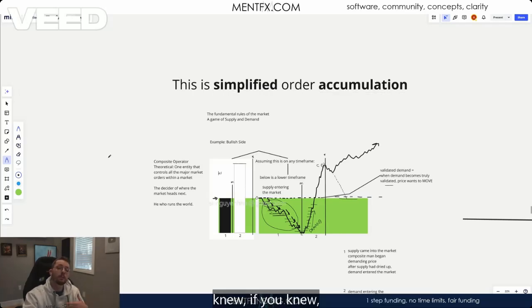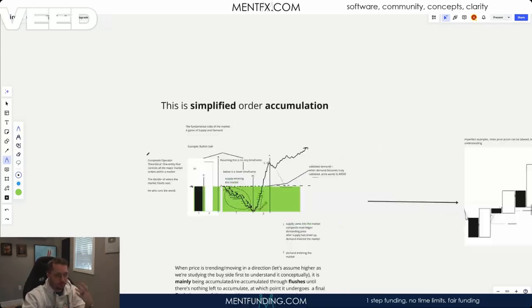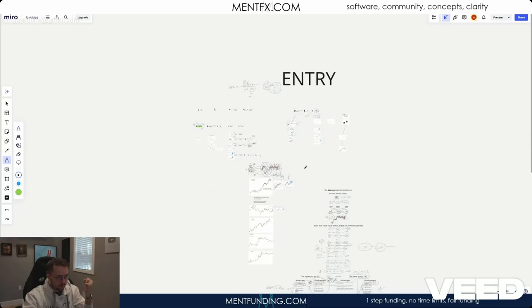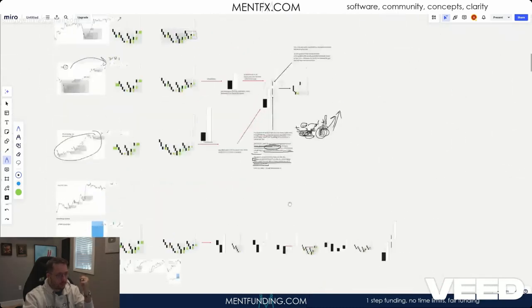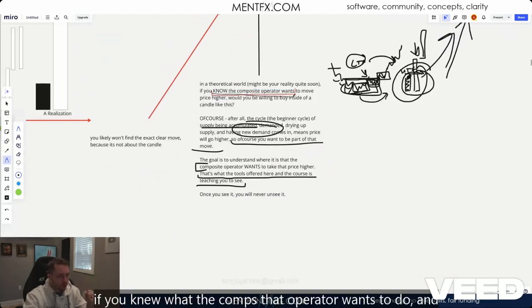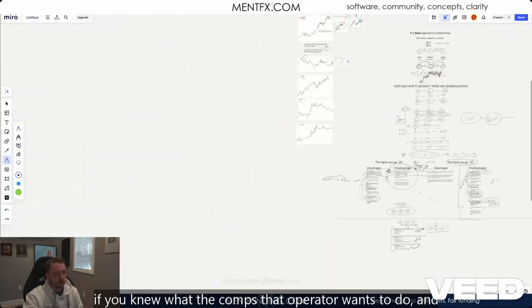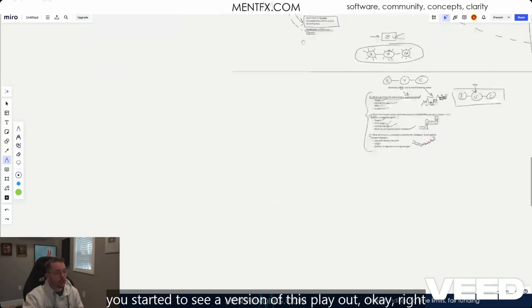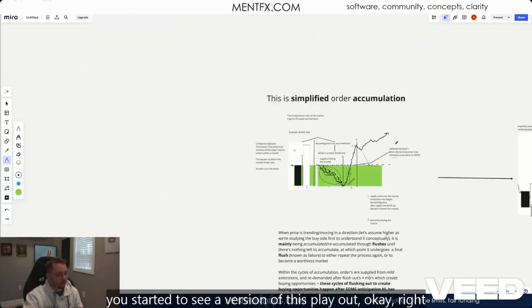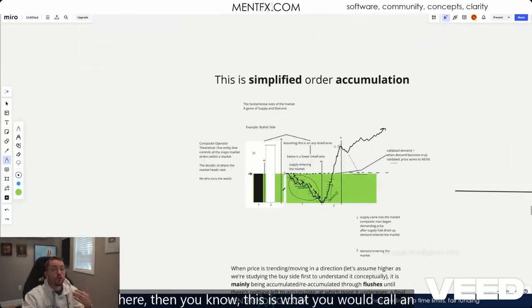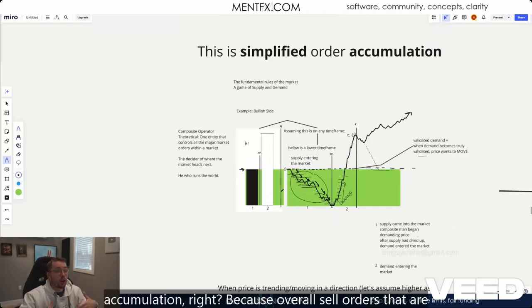So if you knew what the composite operator wants to do, and you started to see a version of this play out right here, then you know this is what you would call an accumulation, right?